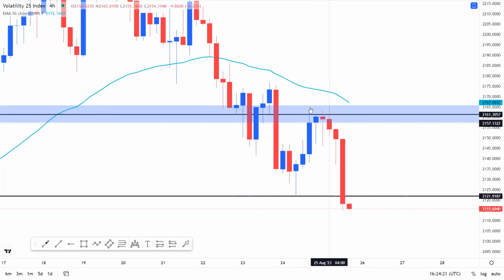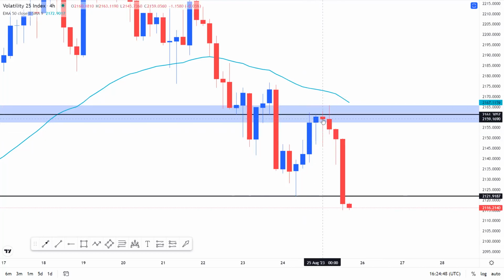And these are all the clues that I gathered upon the retest of this level, telling me for a fact that the buying momentum was shifting, and most likely price would start heading to the downside from this level.